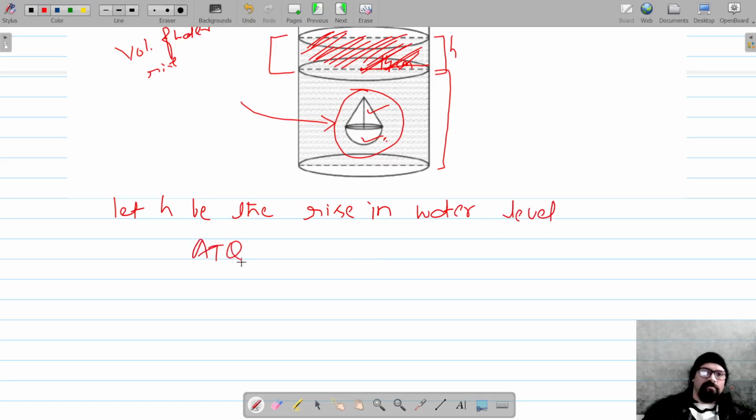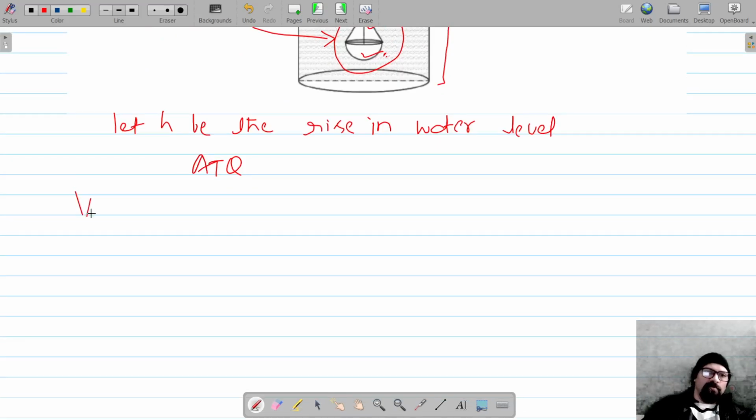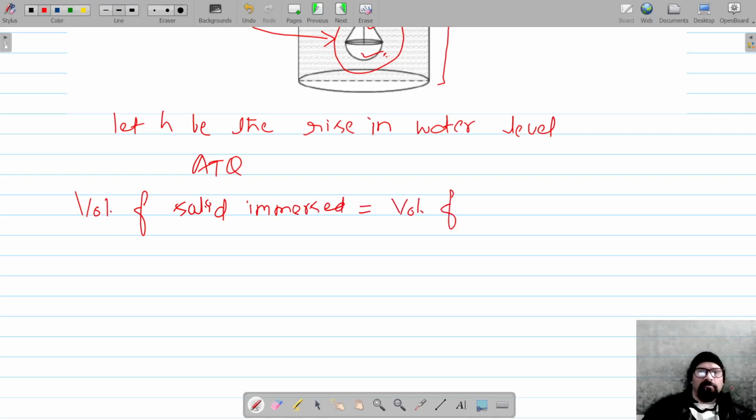And according to the question, volume of solid immersed is equal to volume of water raised, the volume of water that raised in the form of a cylinder, because liquid takes the shape of the container.